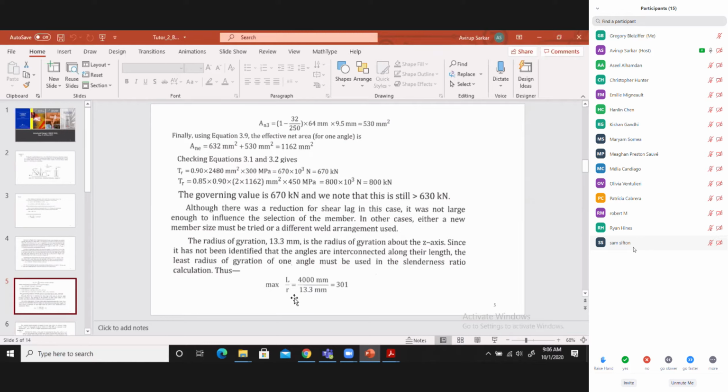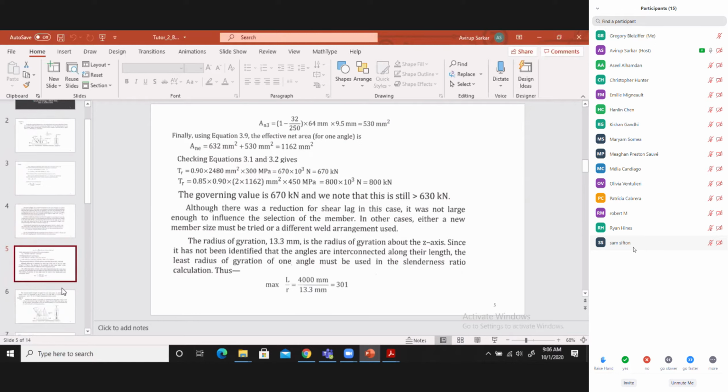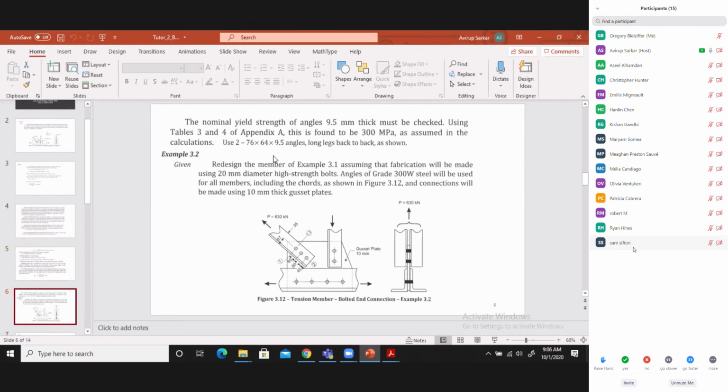The R minimum in this case we had seen was 13.3 mm. So the length is 4 meter divided by 13.3 mm. This gives me an L by R ratio of 301. And the limit, as we have already seen, is 300, so that is okay.